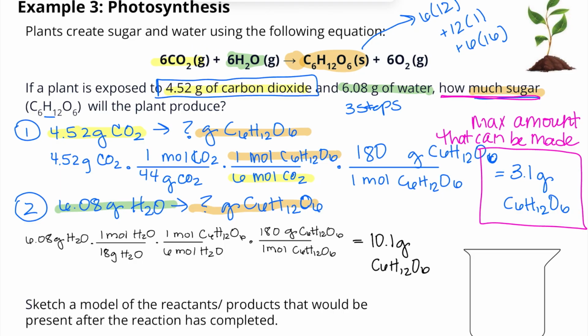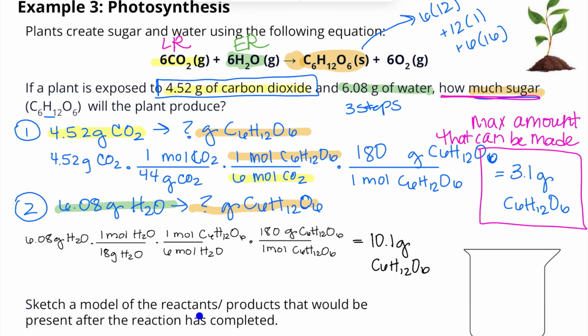So that means that our CO2 is our limiting reactant. It's going to run out first. Our H2O is our excess reactant. We have more than we need. And again, that theoretical yield or the maximum amount we could produce is 3.1 grams of that sugar.